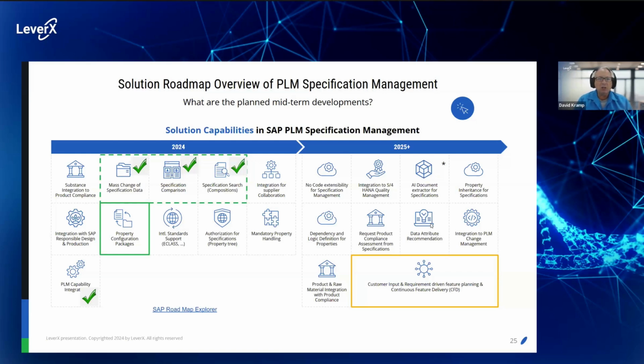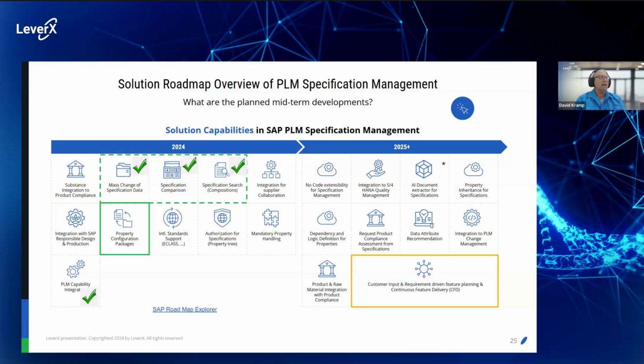So SAP's Ariba application with the collaboration application and specification and formulation and product structure in the SAP PLM world is there. And now, once again, it's just opening up the APIs to get everything talking to one another. Mandatory property handling. It's just the idea of being able to pick and select what you need to have mandatory in your system. So that's some 2024 highlights.